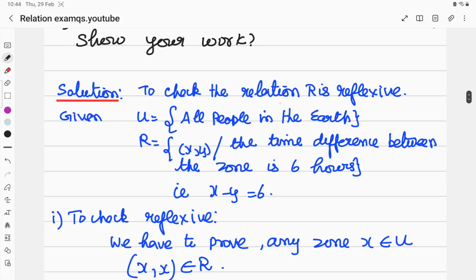First, reflexive relation. To check whether the relation R is reflexive: the universal set is all people on the earth, and the relation is (x, y) such that the time difference between the zones is 6 hours, that is x minus y is 6.